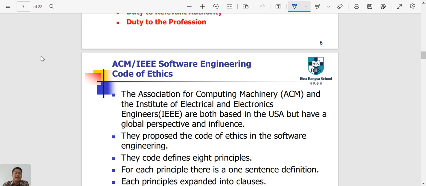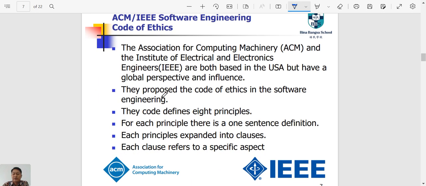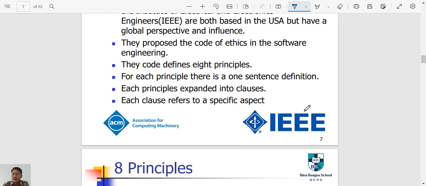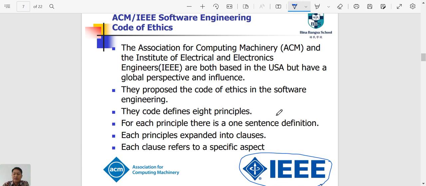In contrast, the ACM and IEEE are both based in the USA and have global perspective and influence. Of course, the IEEE is very famous, especially in the Philippines. The codes and conduct, and even the different electronics and electrical engineering codes, are being followed in the Philippines also. Well, across the globe.